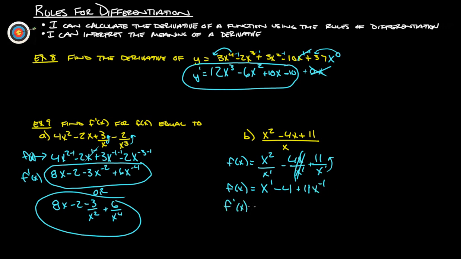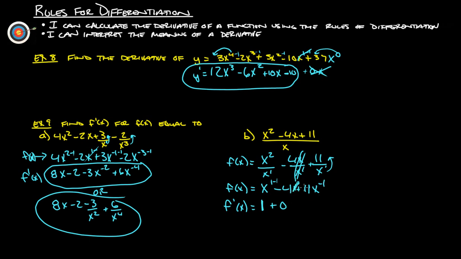Now we'll do f prime of x. Okay, so 1 times x is x, and then that's x to the 1 minus 1. So this is just 1 times 1. This is simply just a 1. Sorry, I said the number 1 a lot of times in there. This is a constant, remember, so this is officially x to the 0. 0 times anything is going to give us 0, so this is plus 0 for this constant here.